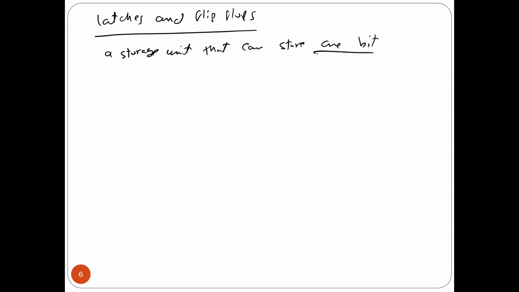There is a small difference between a latch and a flip flop, which I will tell you about. But keep in mind, once you turn the power off, whatever is stored is lost.